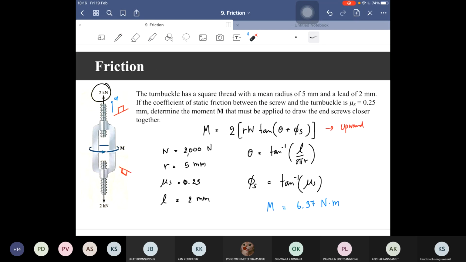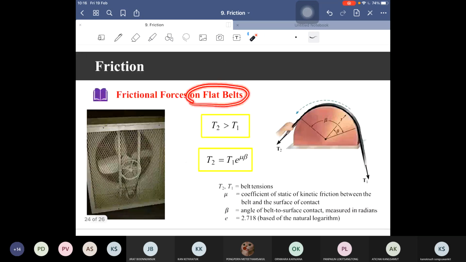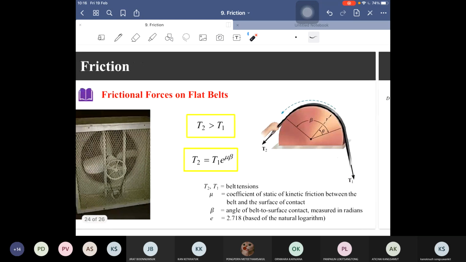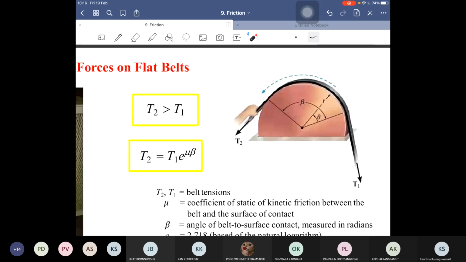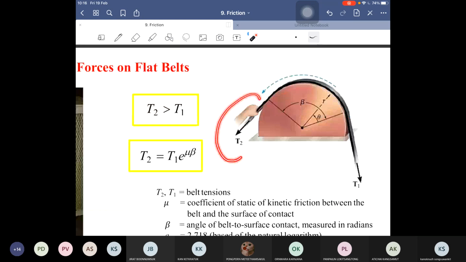Okay, another application in mechanical systems is the frictional force on the flat belt. It's like we exert tension on the rope, and between the contacting surfaces of the rope, there is friction. For example, in this system, we want to exert the force T2 and try to move the belt to the left-hand side.